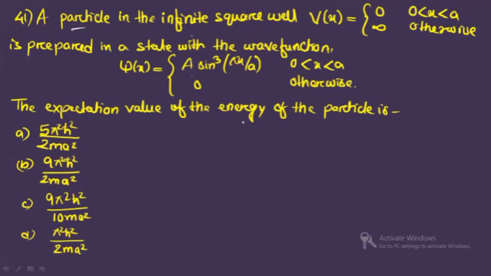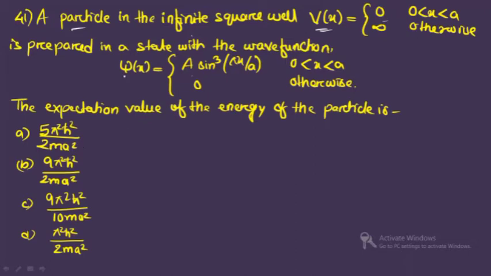So you have to calculate the expectation value of the energy of the particle. So the potential is given for the region x greater than 0 less than a, it is 0, it is infinity otherwise, and also the wave function in which the particle is prepared in the infinite square well is given to us. We have to just calculate the expectation value of the energy of the particle, right?